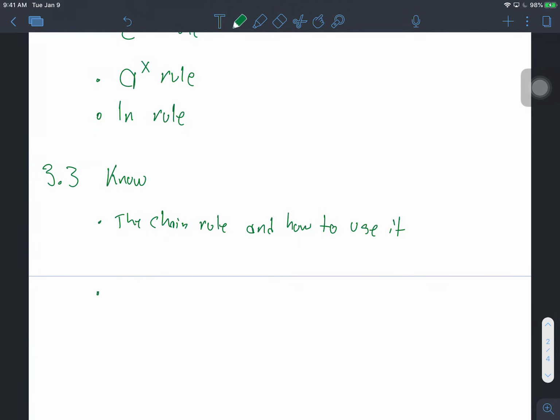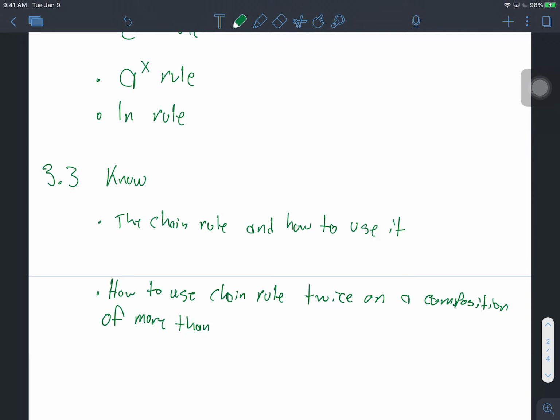We should also know how to use chain rule multiple times on a composition of more than two functions. And I'm going to edit this. This shouldn't say twice. I'm going to make this say multiple times.